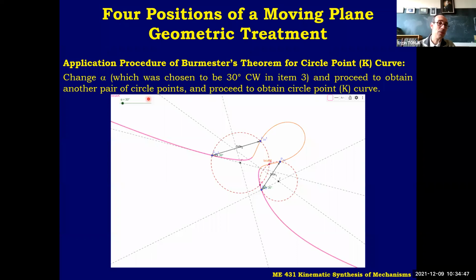After the previous construction, what I did was find the locus of K based on the slider, and find the locus of K prime based on this slider. I'm sure you could see this is pink, this portion is orange, and this is pink again. So these are loci of K prime, and these are loci of K, and it's a continuous curve.